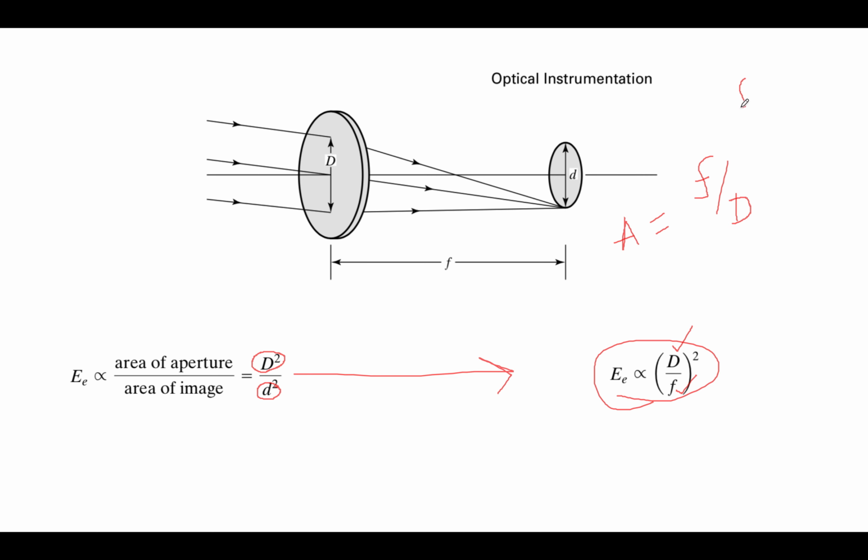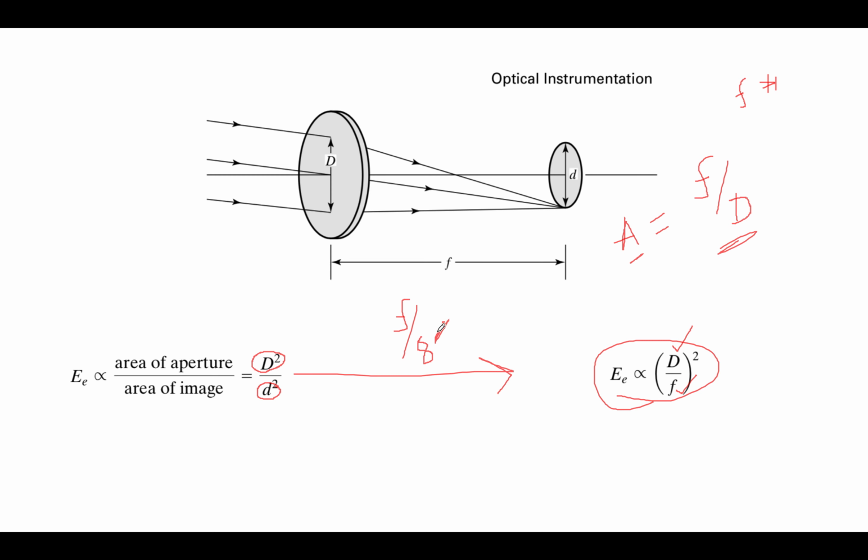So this is called the f number, and it's often denoted as a. But unfortunately, many times what you are given for f number is not f over d, you are rather given f over a. So if you look at a lens that gives you something like f over 8, right?